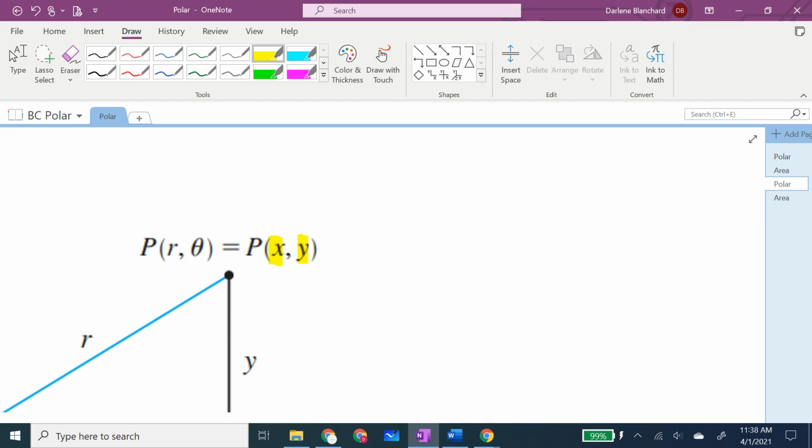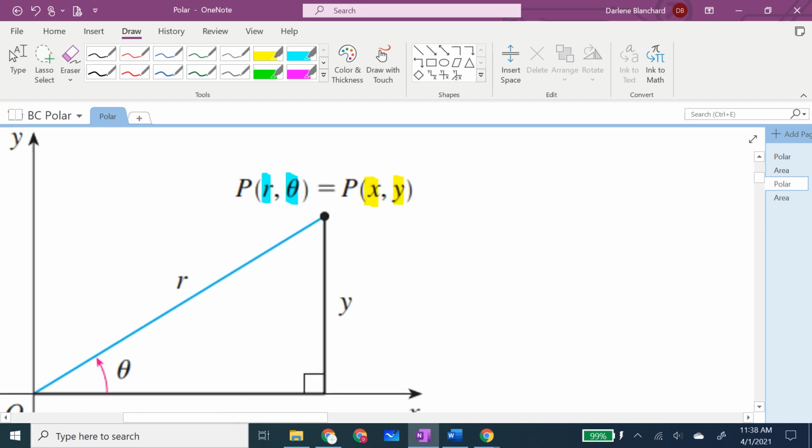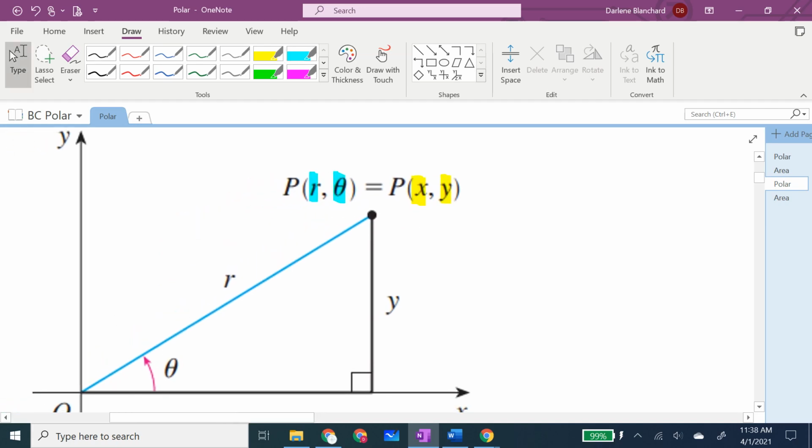Realize that the polar point is r comma theta, where r is the distance that point has to the pole or origin. Now the AP test seems to just call it the origin, but in polar words it is the pole.